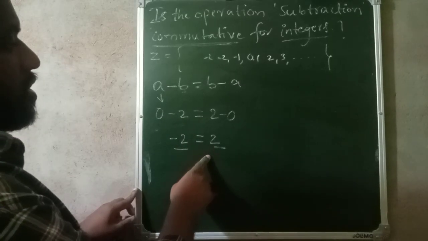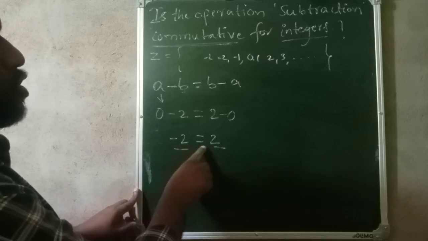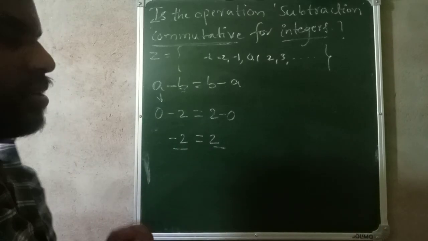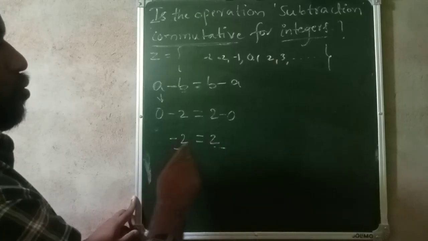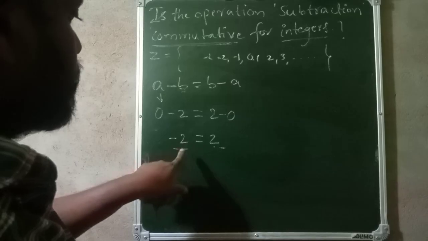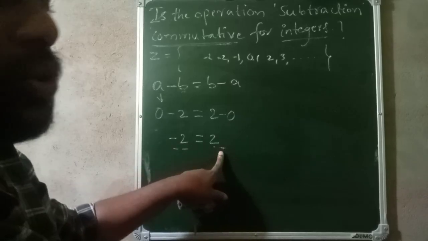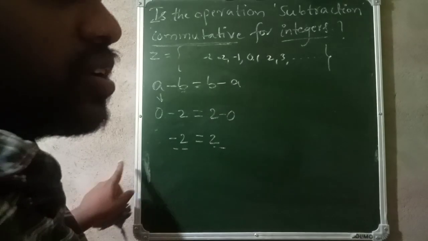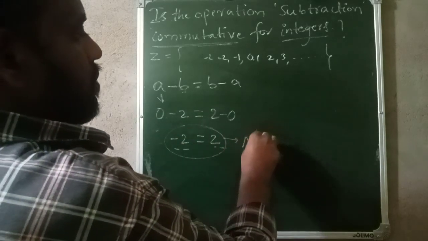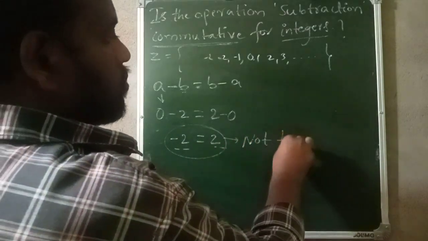But this equation is saying minus 2 is equal to 2. That is not correct, right? That is wrong. 2 cannot be equal to minus 2. So this statement is wrong, this is not true.